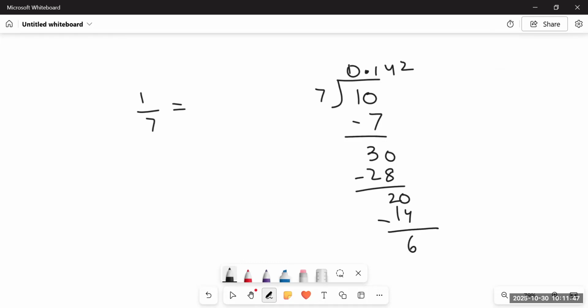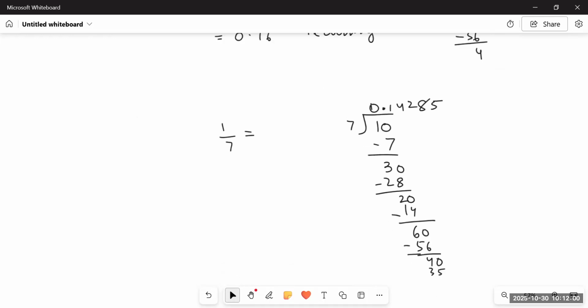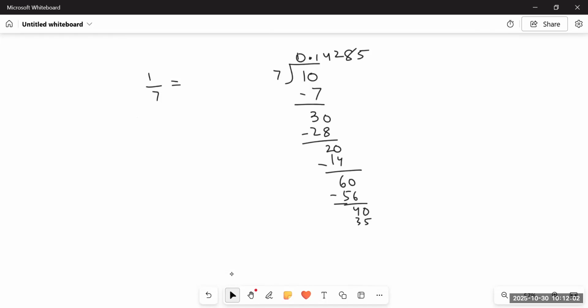Here comes 6. 7 8s are 56. Here comes 4. 7 5s are 35. And then 5, we'll put a 0, and then 7 7s are 49. Here comes 1. And then again, this will repeat. Here comes 7, then 3, then 2, then 6.